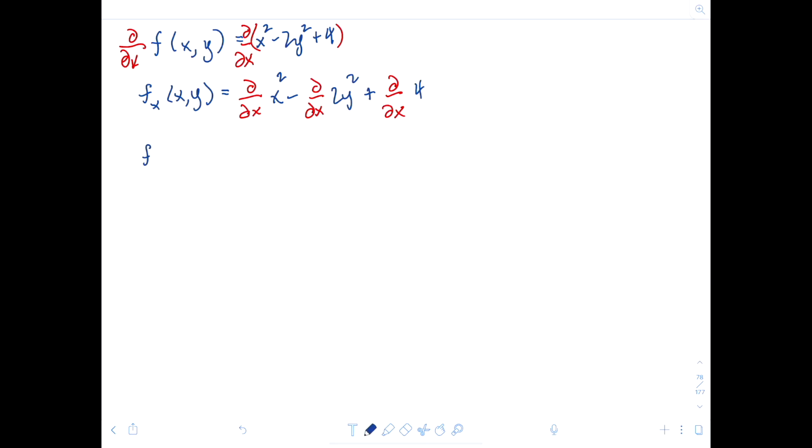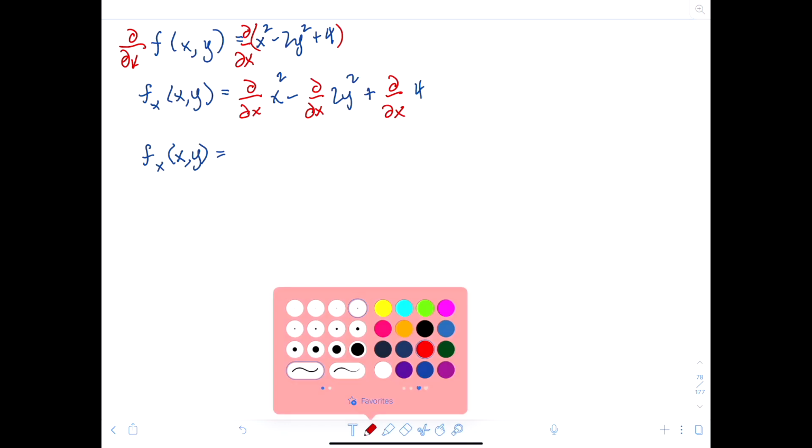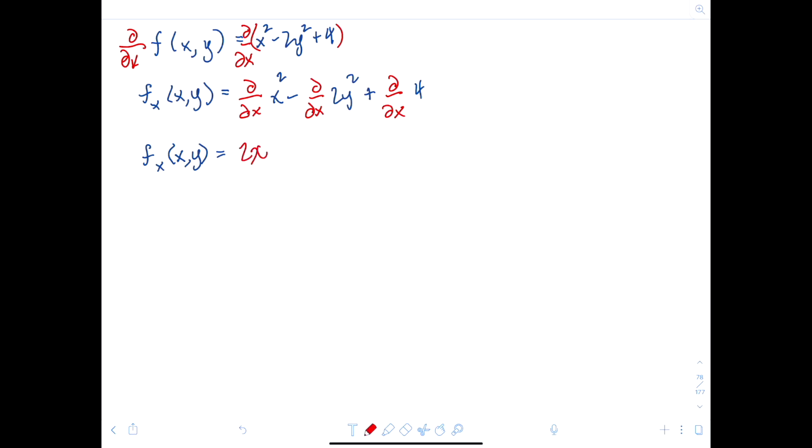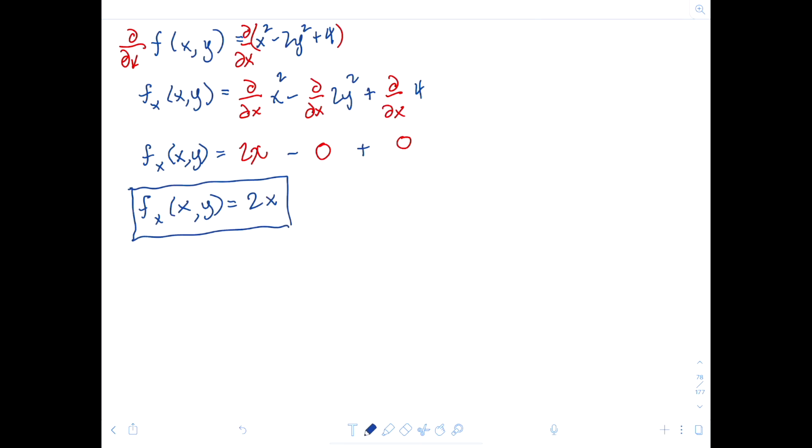Now, that first term will just be what? Beautiful, 2x, right? But the other ones are going to zero out because we're treating y like it's a constant. So at the end of the day, the first partial derivative of f of x and y with respect to x will just be 2x, just like we got with our limit definition.